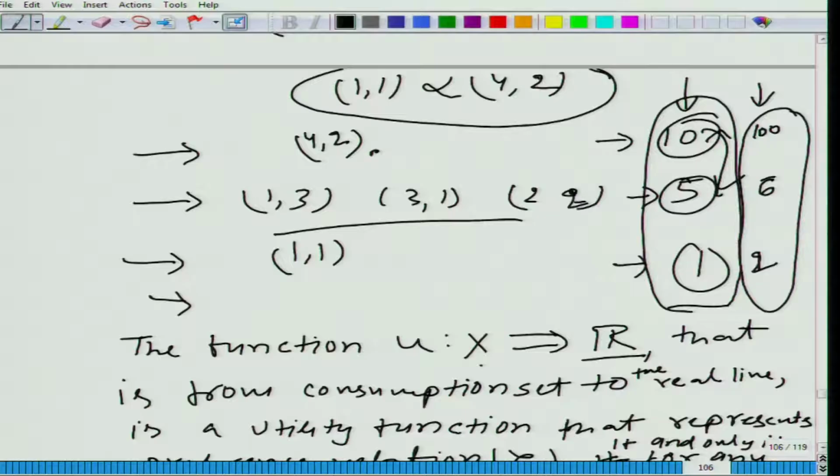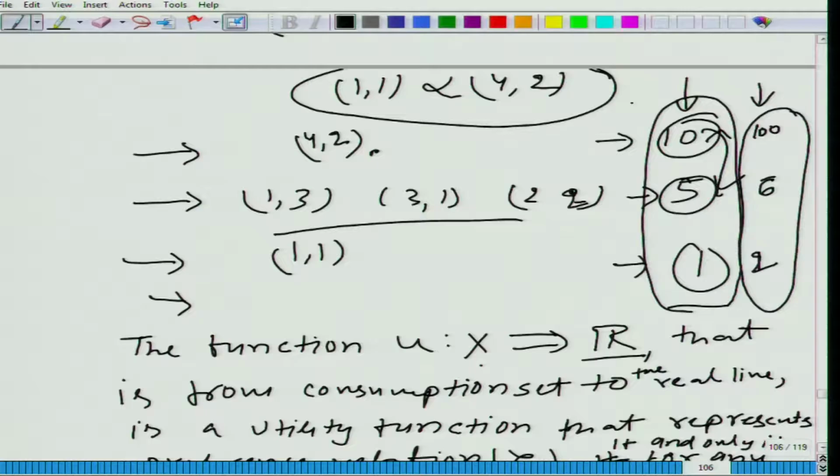And when we are talking about rational preferences, what are we worried about? The complete ordering: you take any two elements, you should be able to order them, rank them. Okay? And that's true for any bundle. So it doesn't matter whether you use this scheme or you use this scheme. You are describing the same preference. So what does it mean?